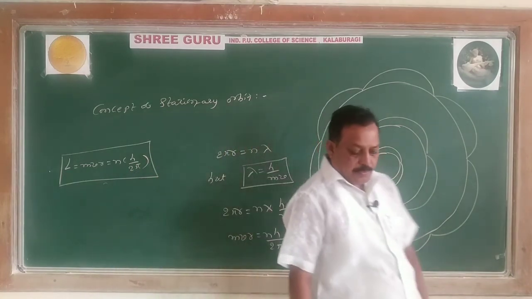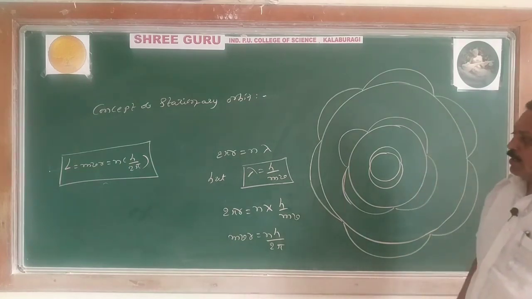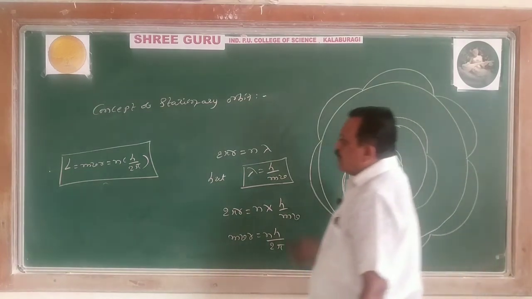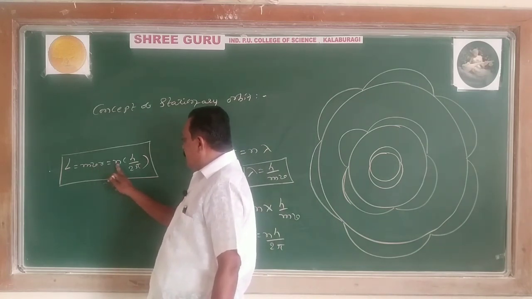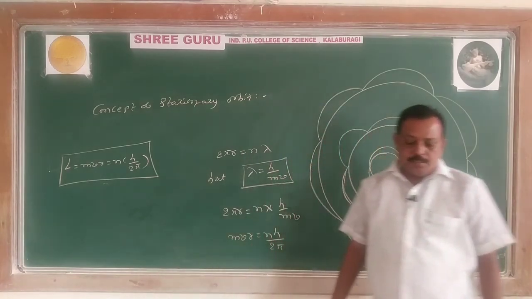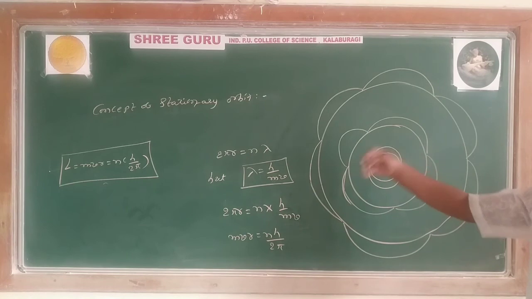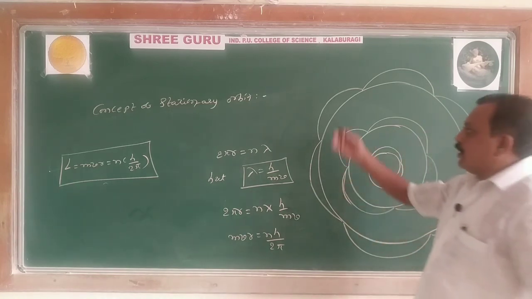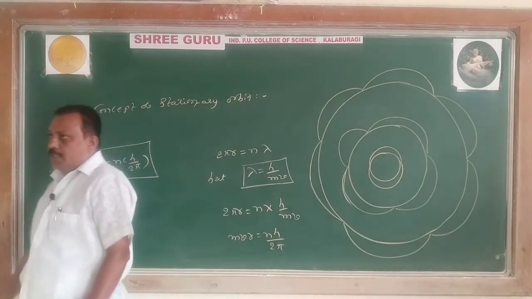Now this is the concept from the stationary orbit. This is Bohr's quantization rule. So it is proved from the stationary orbit concept. It was not explained for a long time by Niels Bohr.